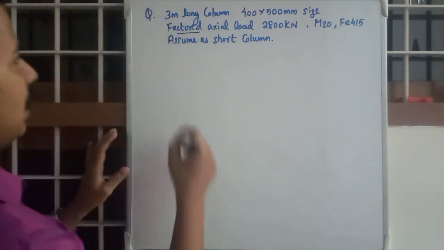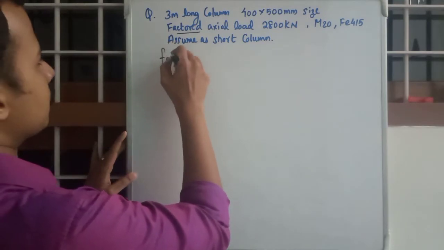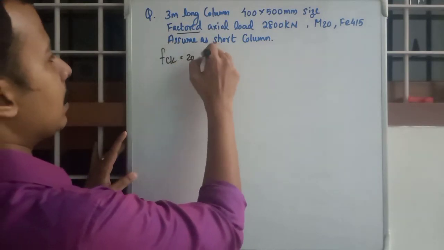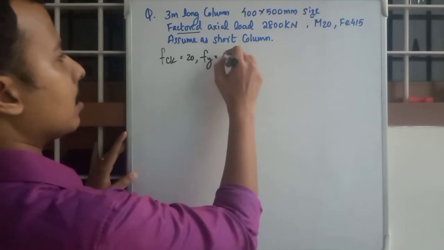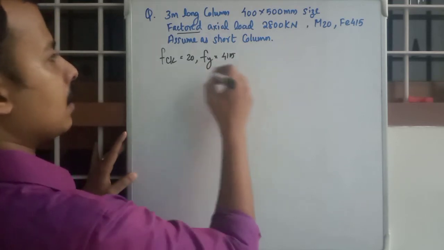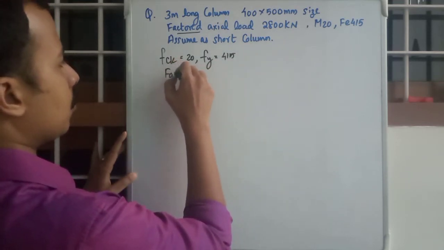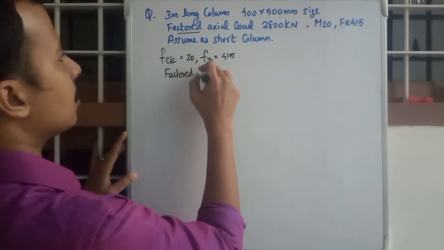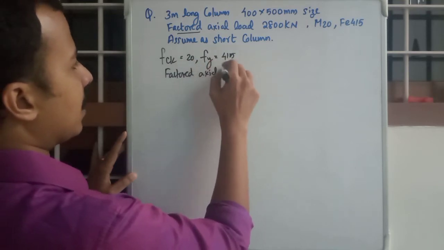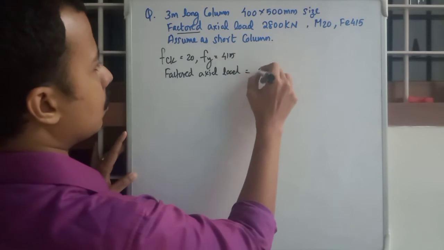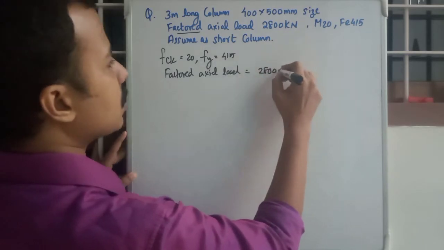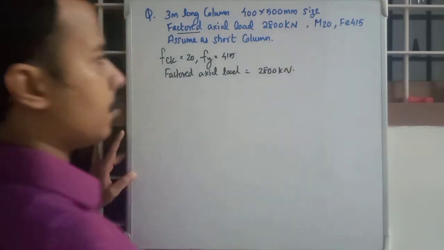We have fck 20, fy 415, factored axial load 2800 kilonewton.